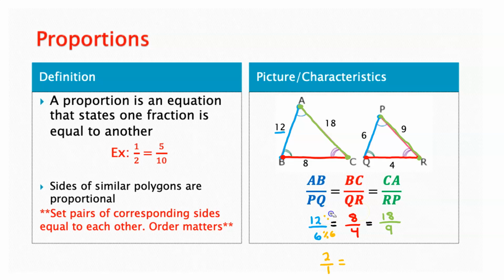Actually, let me show it another way. What's 12 divided by 6? That's 2. What's 8 divided by 4? That's 2. What's 18 divided by 9? That is equal to 2. So take a look. That is how you can prove that these triangles are similar. All of their sides are proportional. They were all scaled by the same scale factor, which in this case was 2.